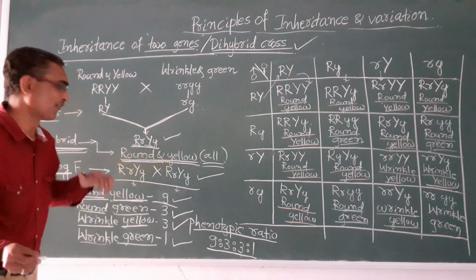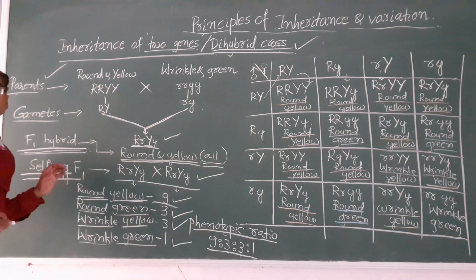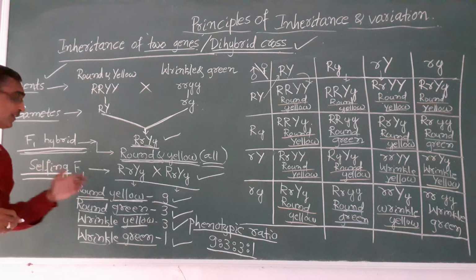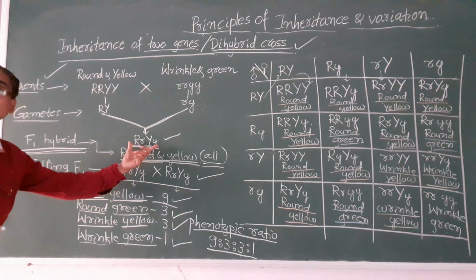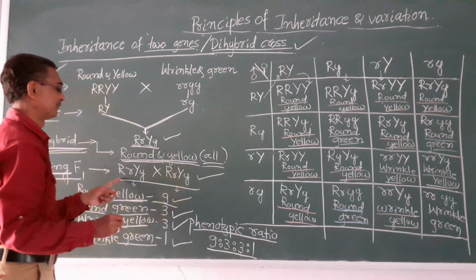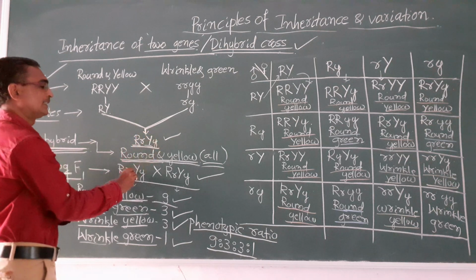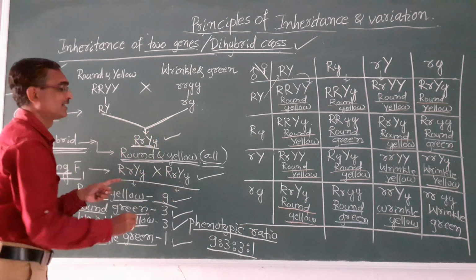Okay, that is F1. Next, selfing of F1 is done. That means self pollination of this F1 hybrid plant is done. That is F1 is crossed with the same generation. That is capital R, small r, capital Y, small y is crossed with the same plant.